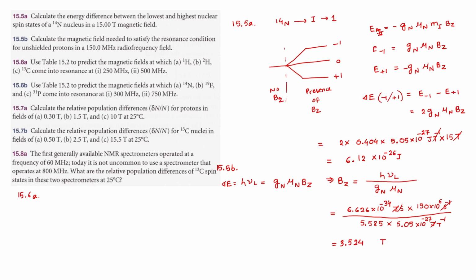The formula will be the same: Bz is equal to h nu_L by Gn mu_n. Now let us start with 1H, and first 250 megahertz.